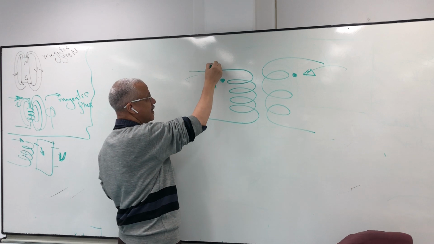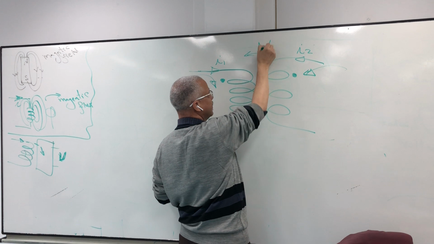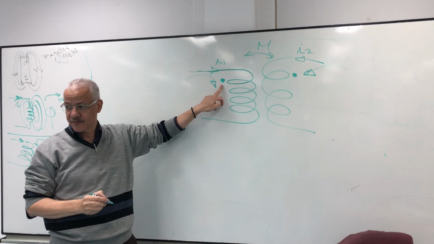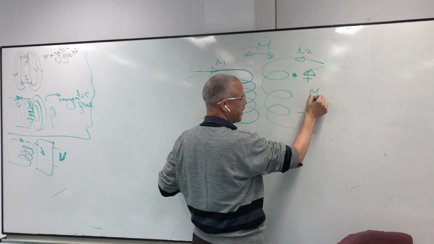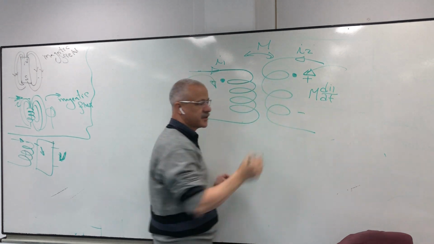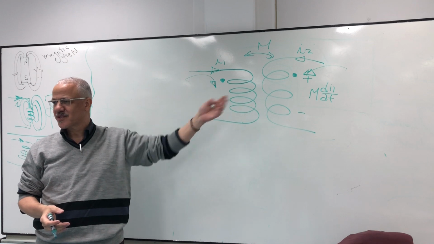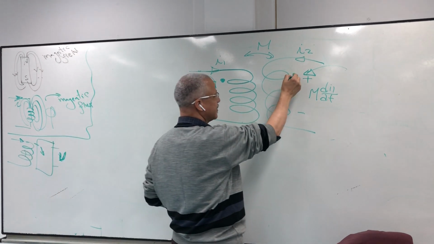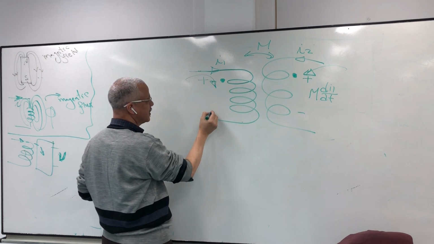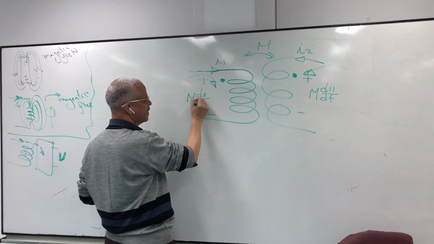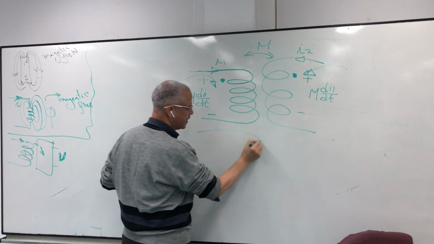If we assume this one I1 and this one I2, and they have mutual coupling in between, and this is positive, then you can put positive, negative, positive in M dI1 by dt. Clear? So M dI1 by dt is positive when the current enters the dot. Positive or negative? Positive. You can put positive here, M dI1 by dt. It's clear. Now, let's go to another example.